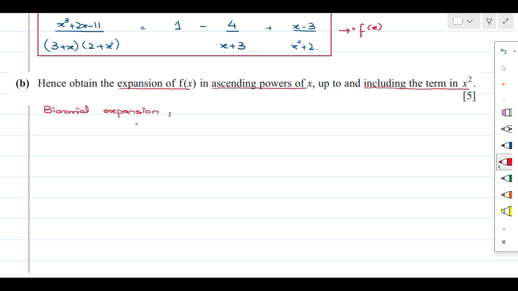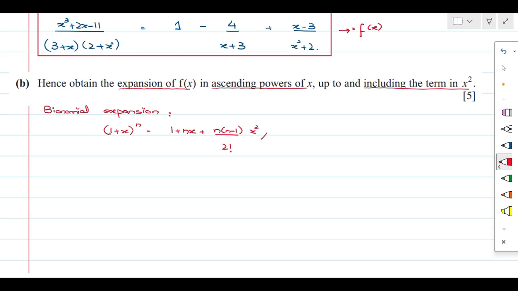The formula for the binomial expansion is 1 plus x to the power n is 1 plus nx plus n(n minus 1) divided by 2 factorial x square. So we have to stop at x square, because they're asking for up to x square.